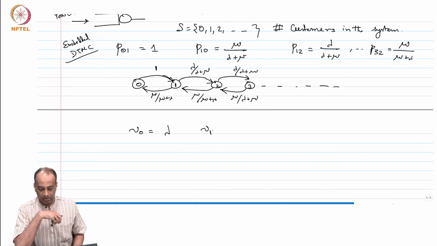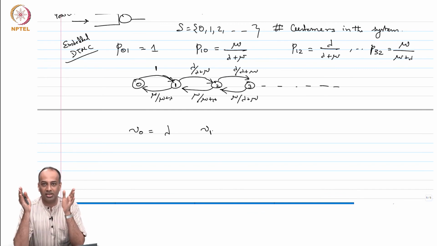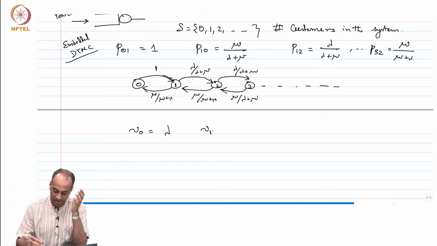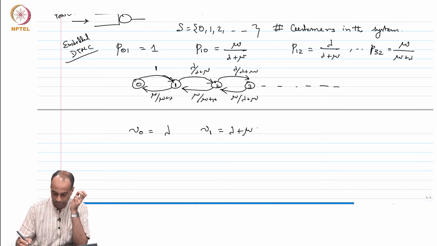That is exponential with rate mu. Now, there are two competing exponentials. So, the amount of time I spend in the state is exponential with parameter lambda plus mu.